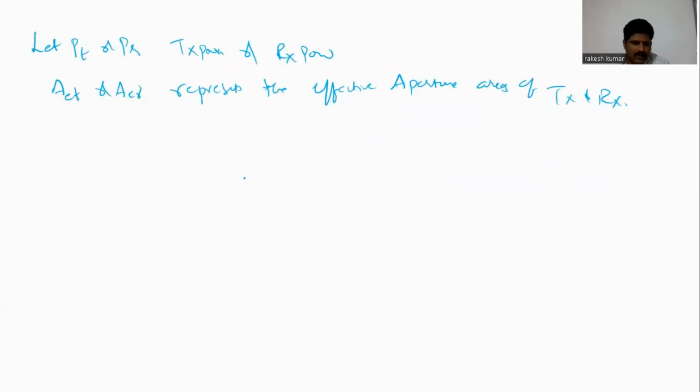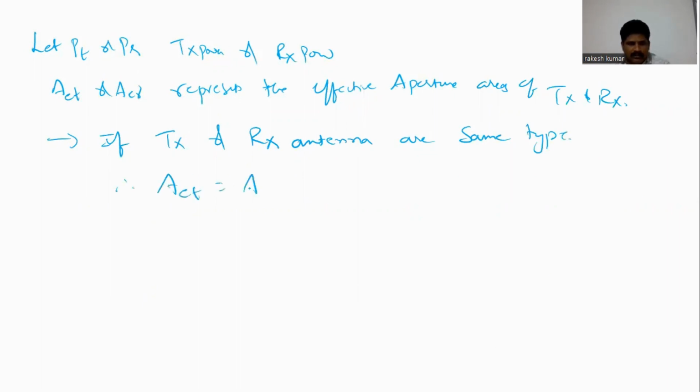Next, if the transmitting antenna and receiving antenna are of the same type, same configuration, then AET, the effective aperture area of the transmitting antenna, is equal to the effective aperture area of the receiving antenna, which is equal to GD into lambda square by 4 pi.